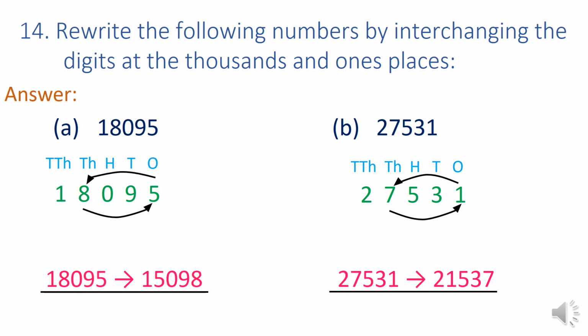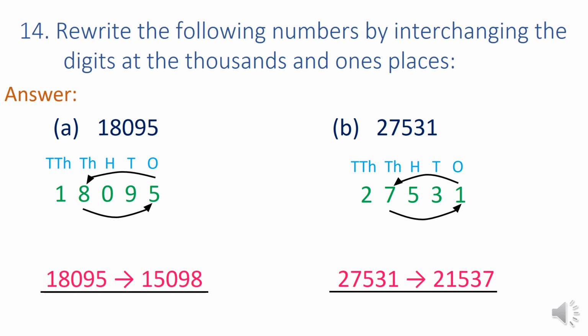So the answer is 15,098. Our next number is 27,531. In this number, the ones place number is 1 and the thousands place number is 7.